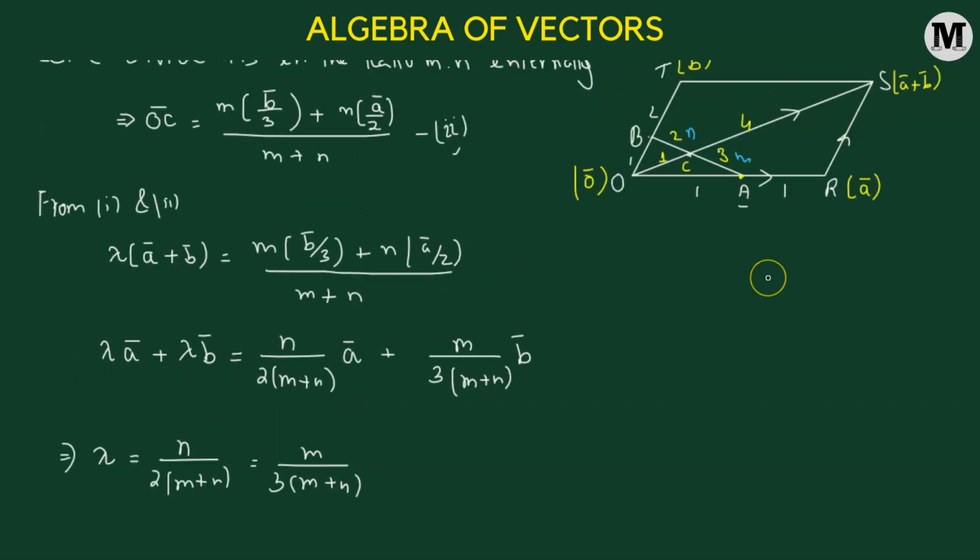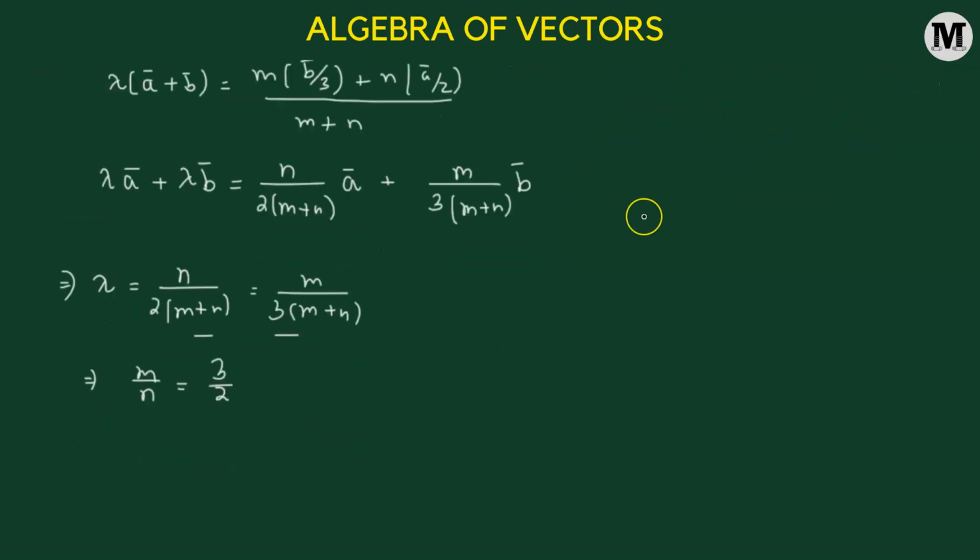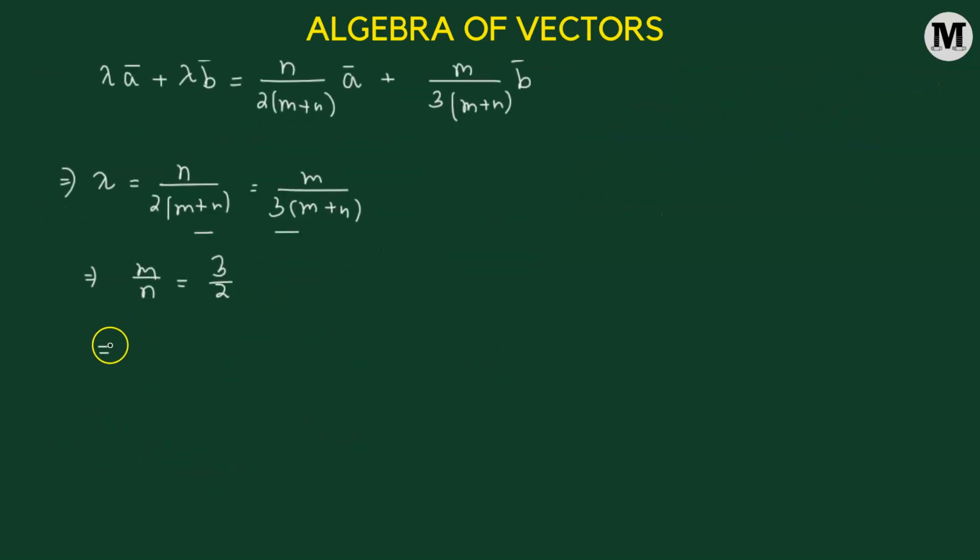So here we have successfully shown that point C divides AB in the ratio 3 is to 2. So from here, C divides AB in the ratio 3 is to 2.